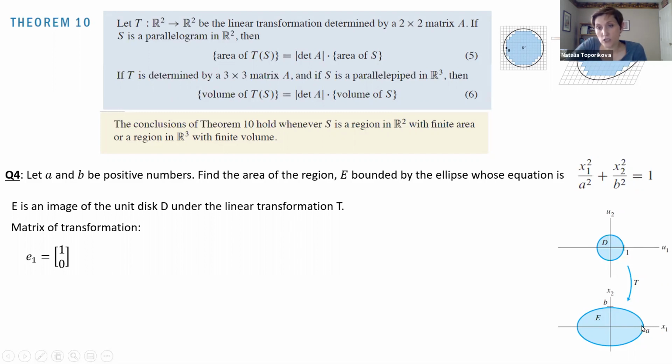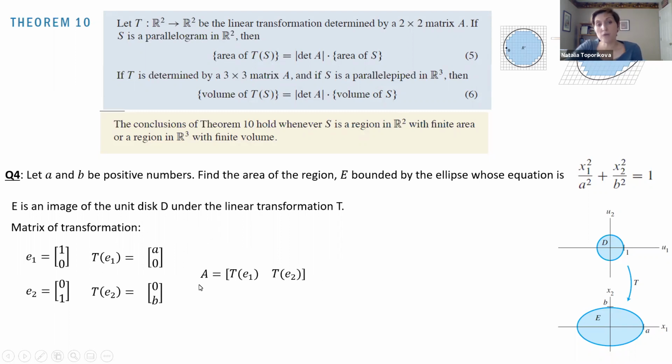Under the transformation, it goes to the point (A, 0). Okay, let's look at our second unit vector, the point (0, 1). This one goes into the point (0, B) on our ellipse.